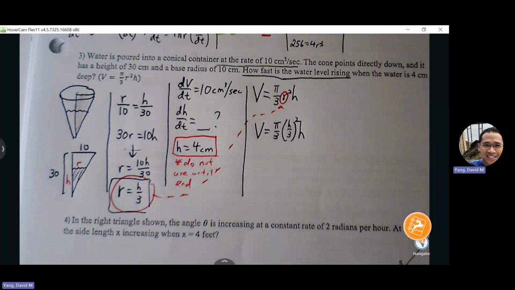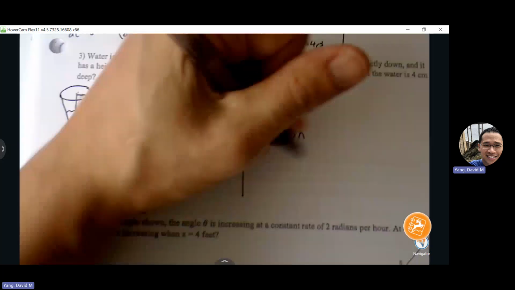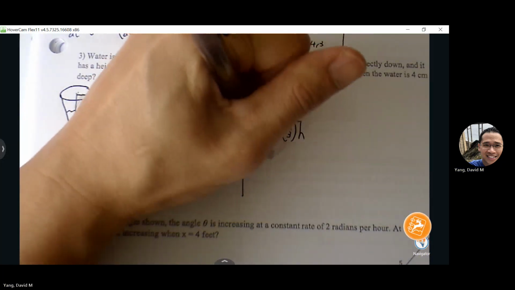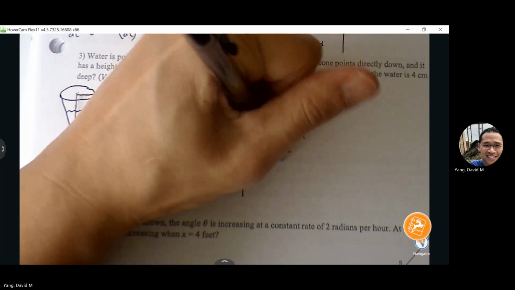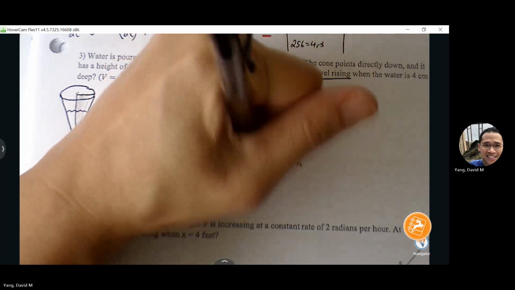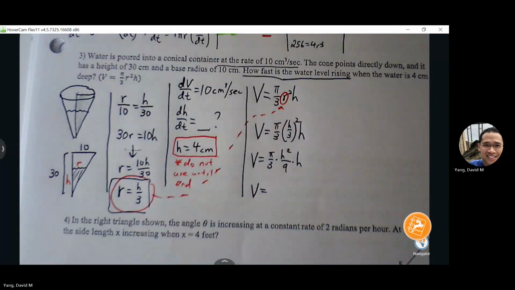Okay, we do want to find the derivative, but we should do some cleanup, right? If we found the derivative here, you'd have to go through product, chain, and it's just a whole mess. So there's no need for all that messy process. We can just clean it up and rely on the power rule. So V is equal to, we can merge the variables together and combine the coefficients.